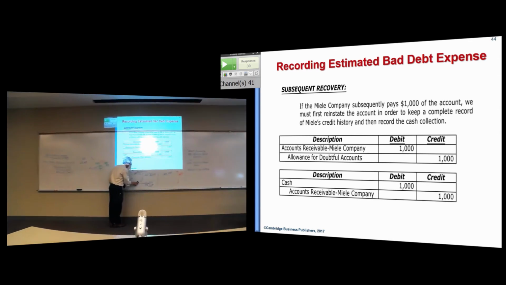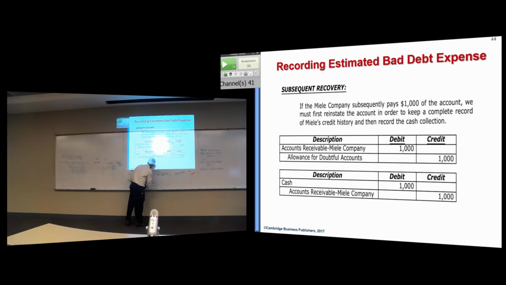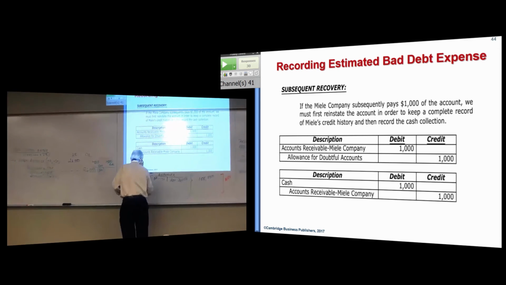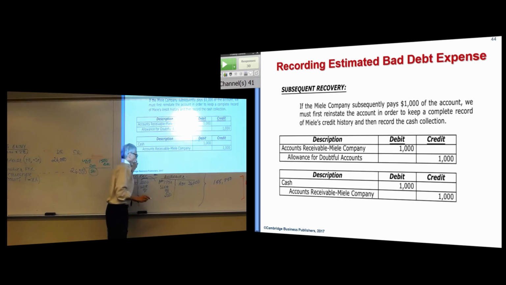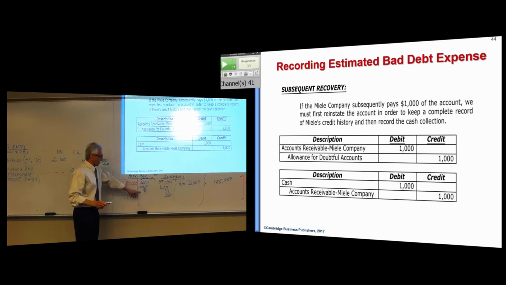So in this case, I had the write-off, which we should have erased, I guess. The write-off debited the allowance, credited the receivable. Now I've got a recovery.